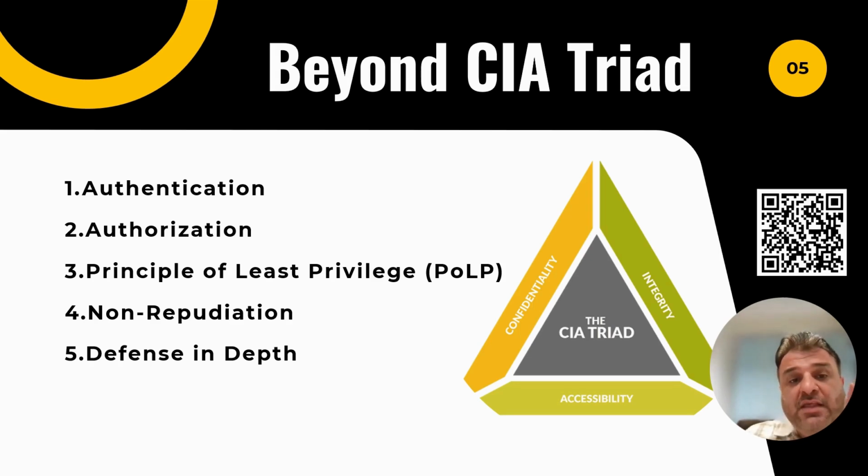And the next layer could be endpoint security. So we need to protect individual devices like laptops, smartphones, and so on. We need to use antivirus software, endpoint detection and response, or EDR, and we can also use a firewall on the endpoint.